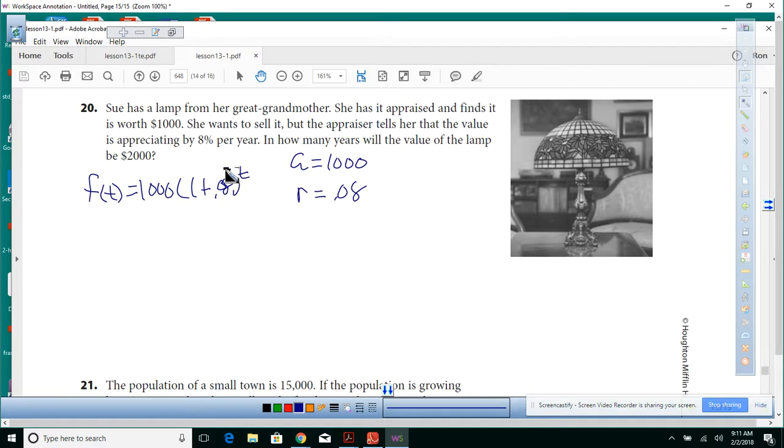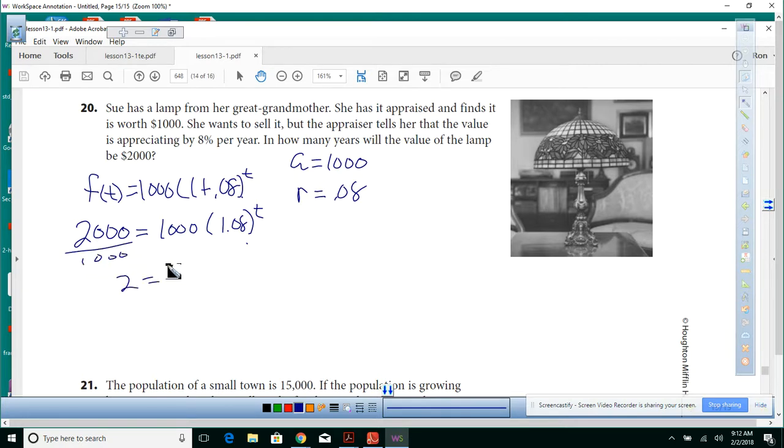Let me clean that up a little bit. I don't want anybody getting upset about my penmanship. All right. So we want to know when that's going to equal $2,000 equals 1,000 times 1 plus 0.08, let's just go ahead and combine those. That's 1.08 to the T. So let's divide by 1,000.